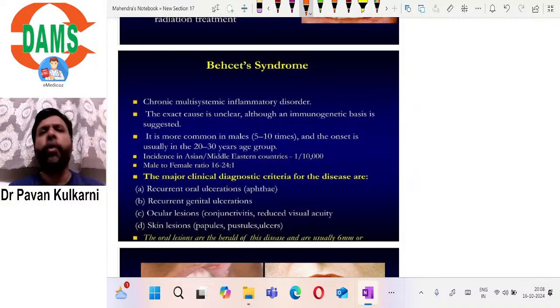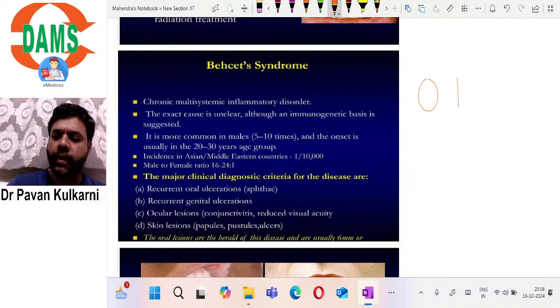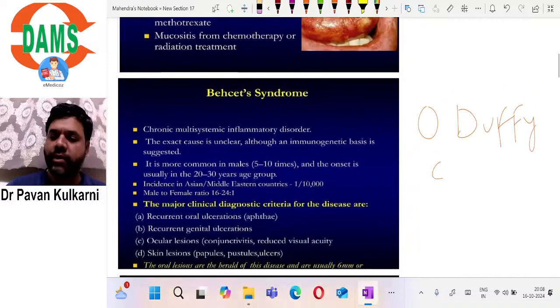So the most important criteria for diagnosis of Behçet syndrome is oral ulcers, that too the aphthous ulcers.